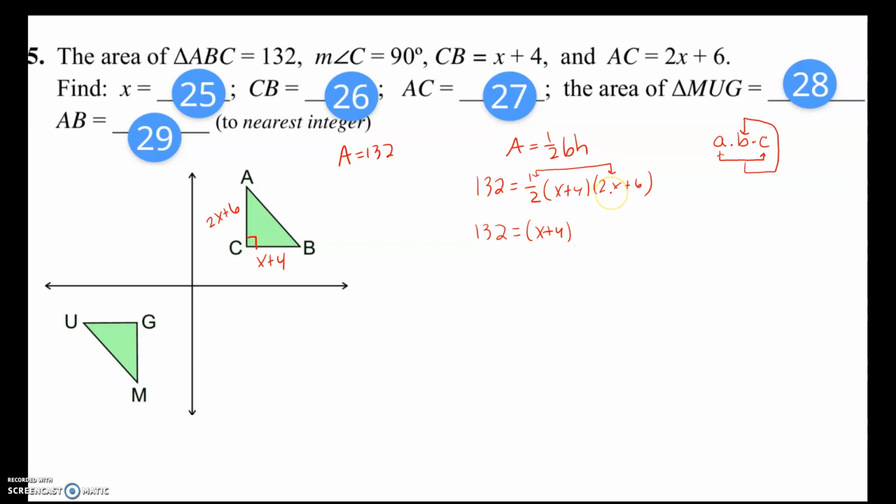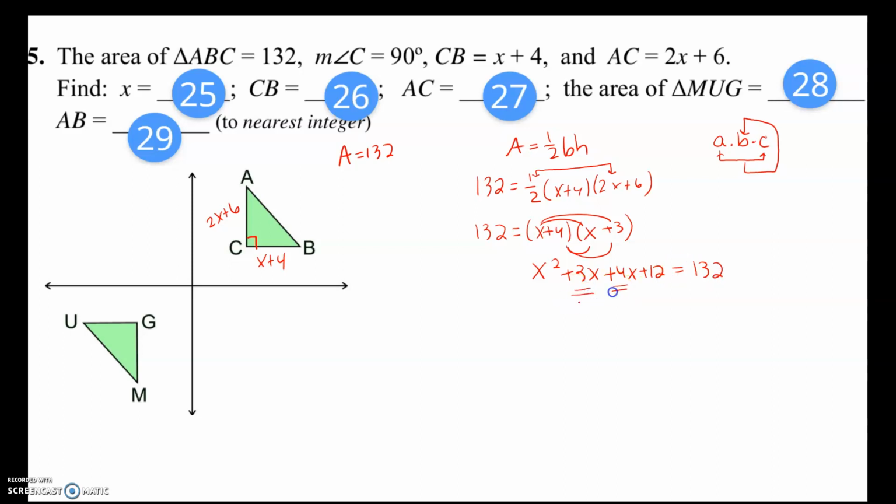And then 1/2 times 2x plus 6, I'm going to get half of 2x is just x, and half of 6 is going to give me 3. So now I'm going to multiply these guys, and I'm going to get x squared plus 3x plus 4x plus 12. And all of that is equal to 132.